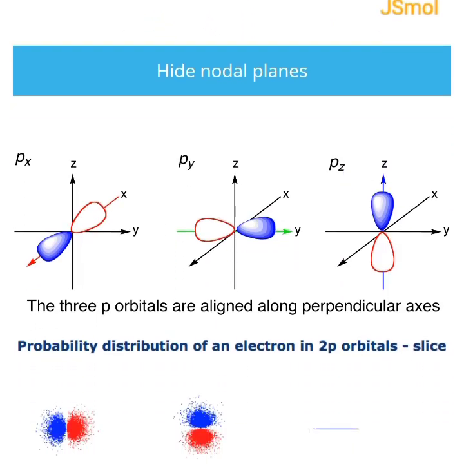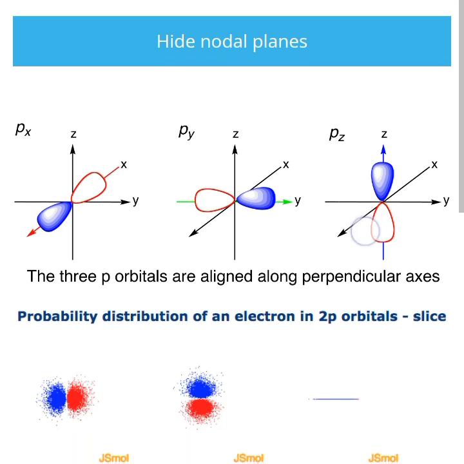The distribution of this orbital is around the z region, with one nodal plane. So there are three types of p orbital: one is px, another is py, and another is pz.